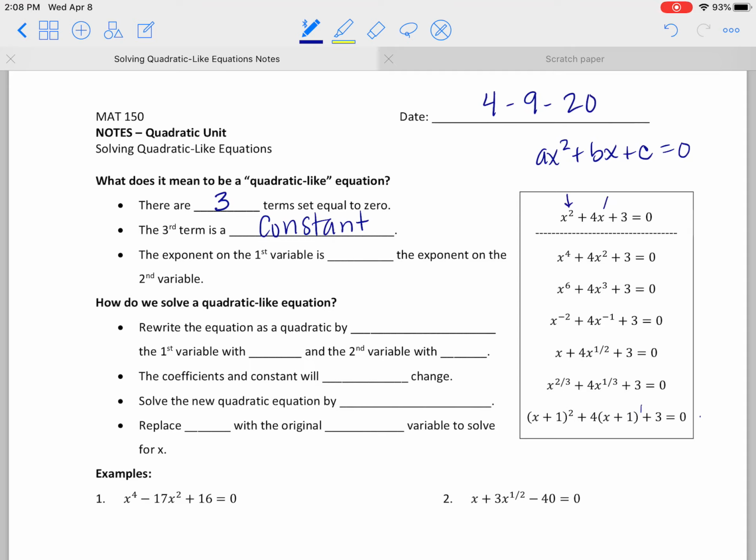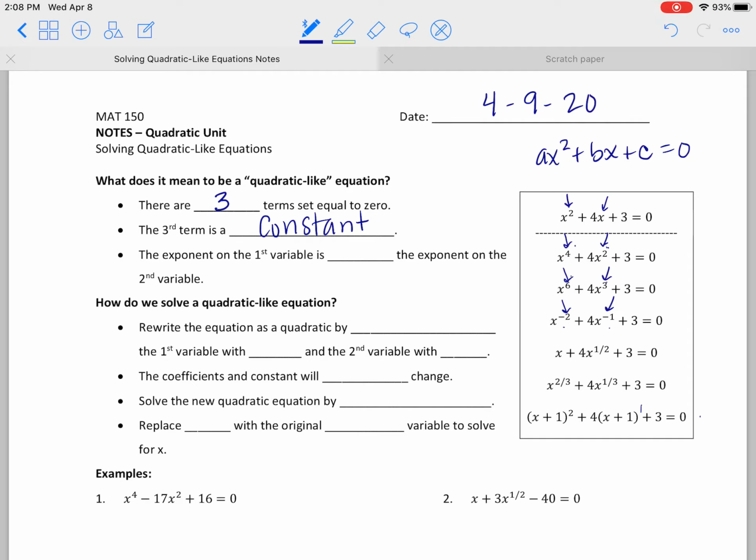And then what's going on here with our variables? Let me erase this madness that I've scribbled with dots everywhere onto our little box. So what's going on with the exponents? Right here we have an exponent of 2, and then here an exponent of 1. And then we've got 4 and 2, or 6 and 3, or -2 and -1. Can you see the connection between the exponents?